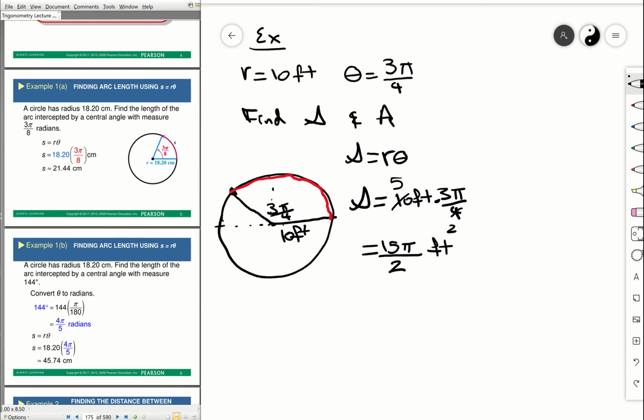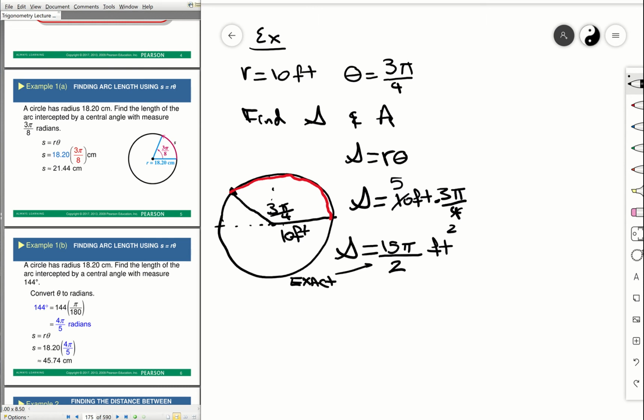Now, as far as finding the arc length, you're finished, and this is an actual exact answer because there has been no rounding involved. So this is what we consider to be the exact value of the arc length.